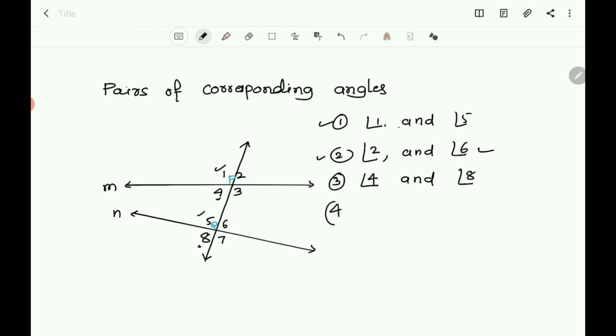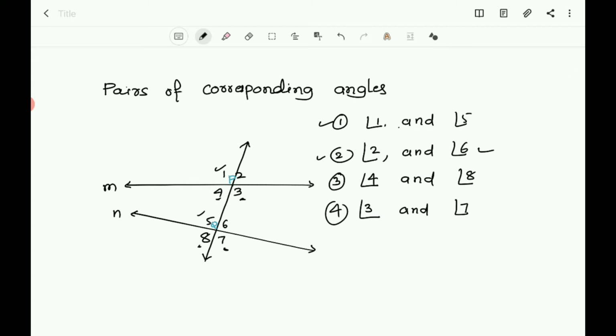Next, the fourth one is angle 3 and angle 7. Here they are also on the same side of the transversal and they are below the lines.